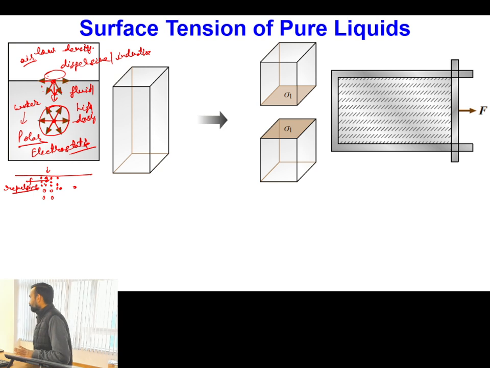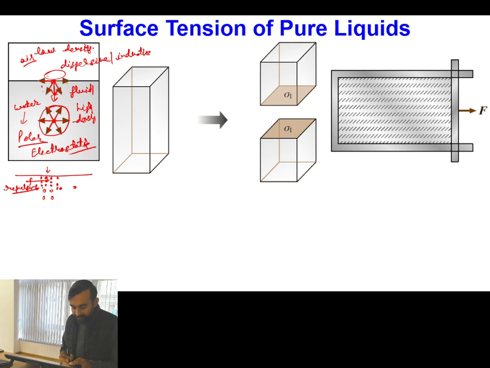Is this point clear? So ultimately the repulsive forces, because of the decrease in spacing, try to balance this downward force and make the molecules stay at this location. Once this molecule is staying at this location, you can see it is always in an unhappy state.